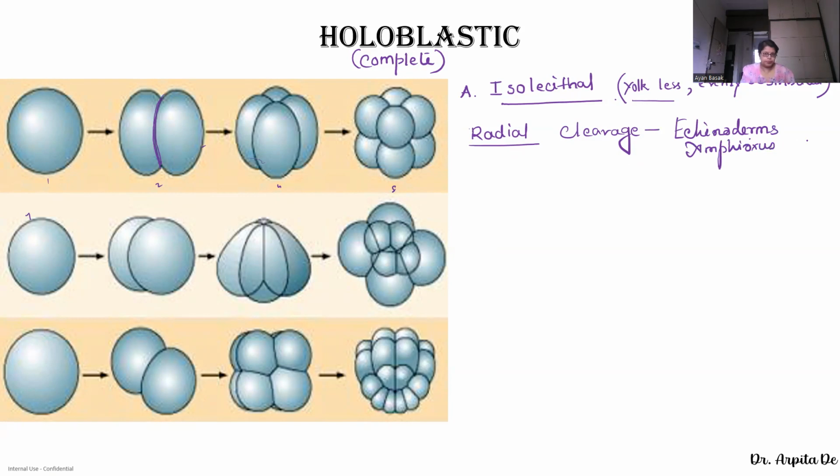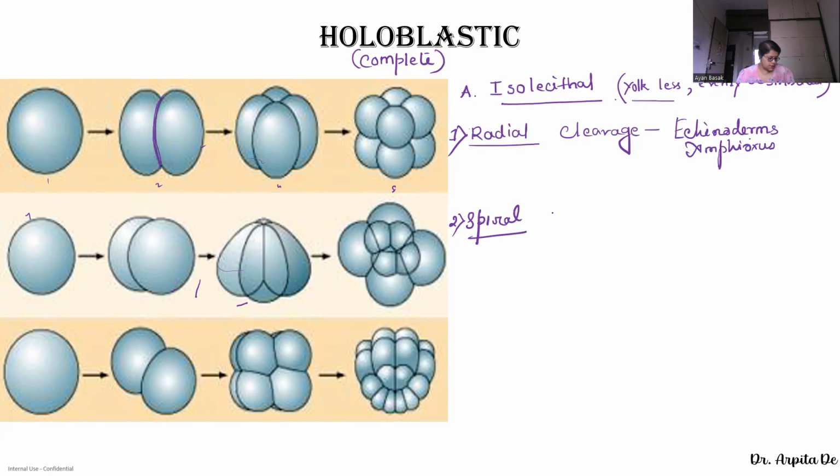Next, we are talking about spiral cleavage. All these happen in isolecithal eggs. This is 1, this is 2, this is spiral.